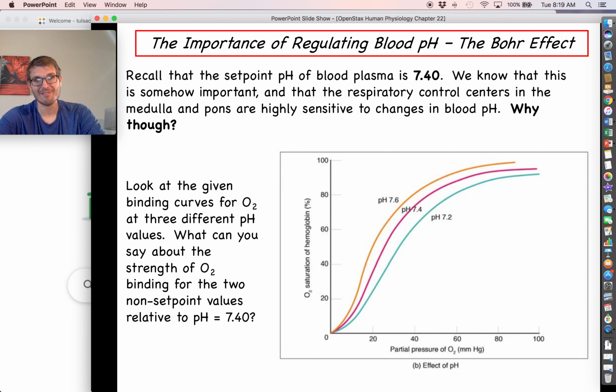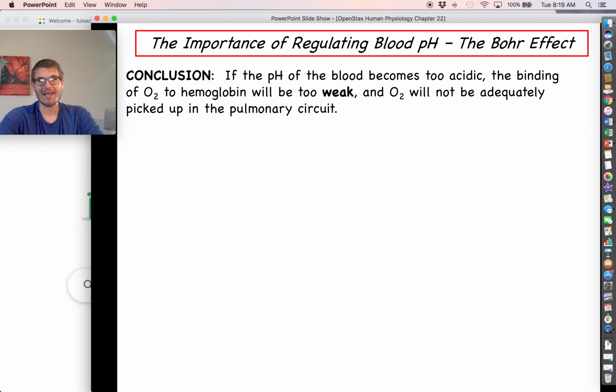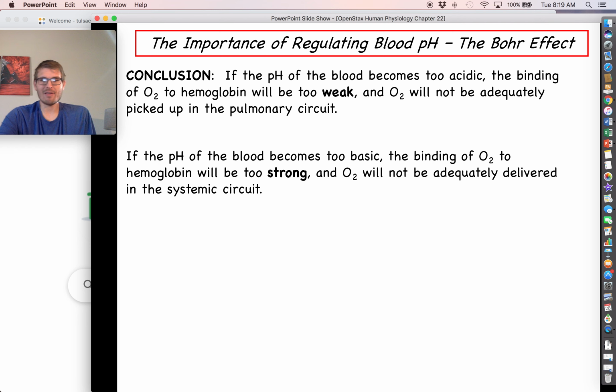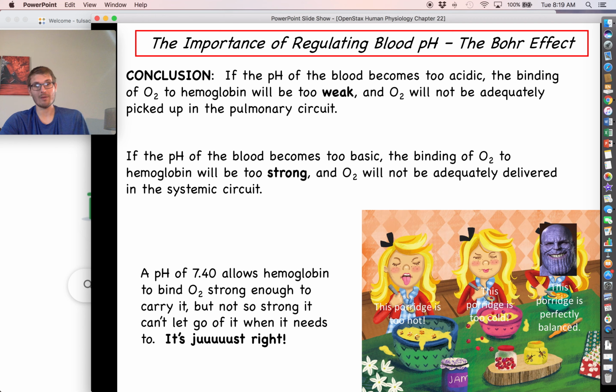So it's not going to bind it very well when it makes its way into the pulmonary circuit. So the idea here is that if the pH of the blood becomes too acidic, hemoglobin's binding to oxygen is going to be too weak. And if the pH becomes too basic, the binding of oxygen by hemoglobin will be too strong, and we're not going to deliver it very well.